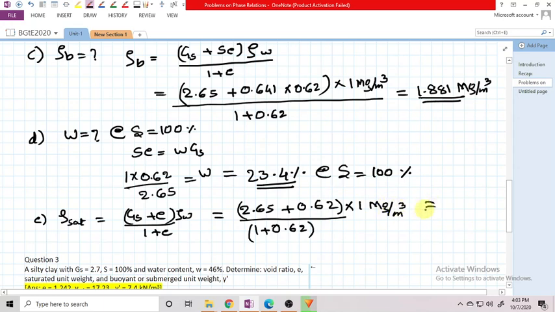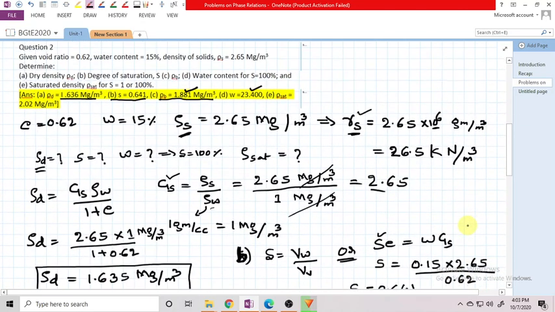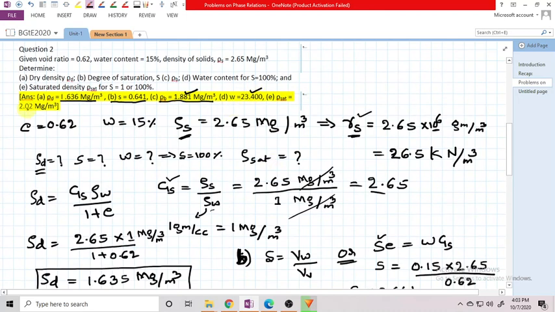Calculate rho sat; you should get something around 2.019 megagram per meter cube. So this is the saturated density, and all the parameters are calculated.